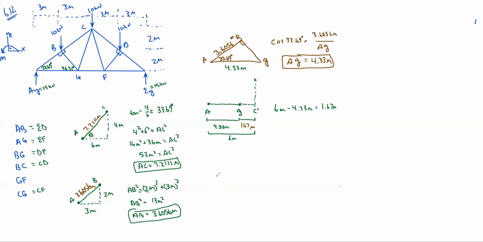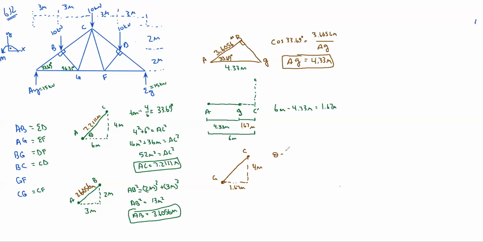Next one I had was GC. There's point G, point C. I determined that I needed to know the angle between the horizon and GC. We're given this is 4 meters. We calculated this as 1.67 meters.